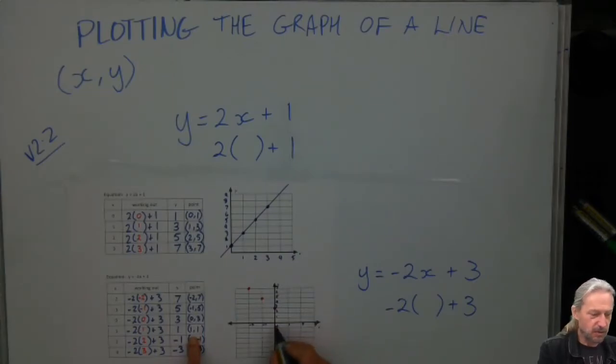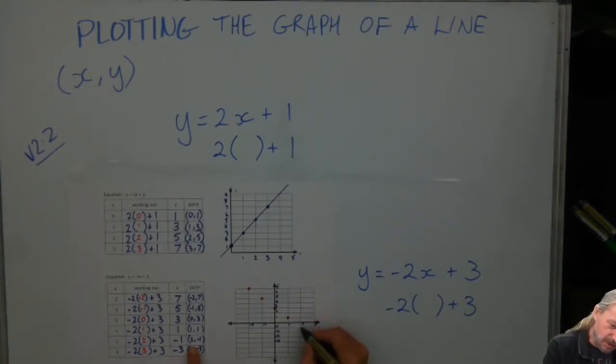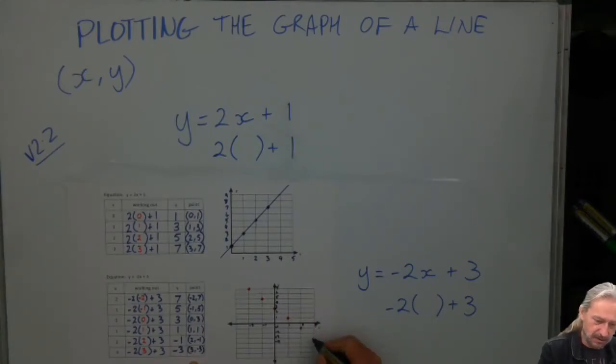Our next point is at 1, 1. Then 2 in the x direction, and we go down 1. And our last point, 3 in the x direction, and 3 down in the y direction.